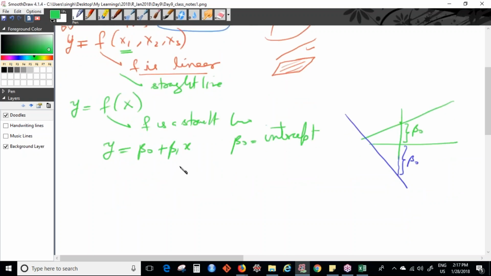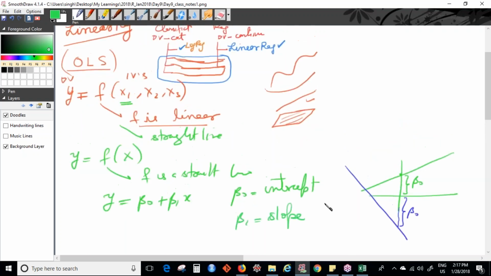And then your beta 1 is the slope of this line. Slope of the line can be found by looking at how much we are rising up along the y-axis for every unit increase in x-axis. So if you move from, let's say, 4 to 5, that is a 1 unit increase in x-axis.